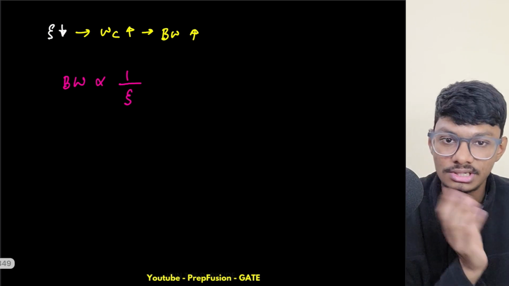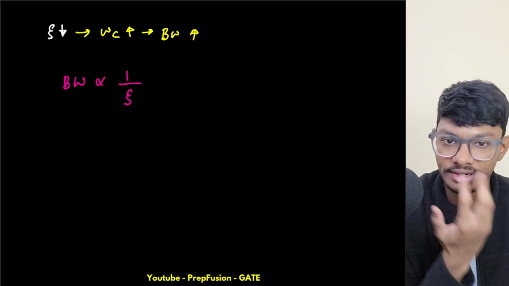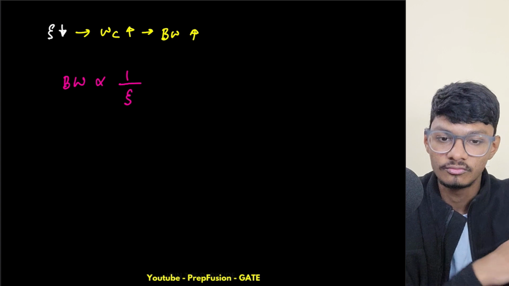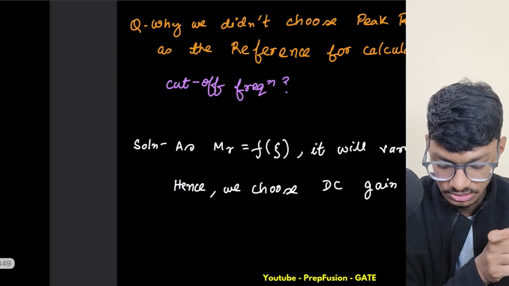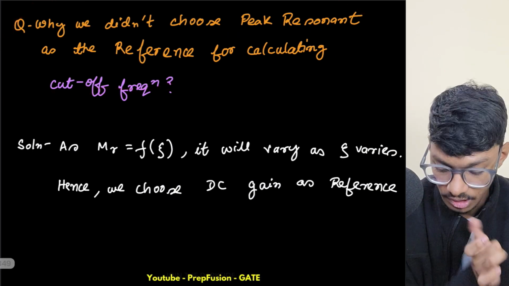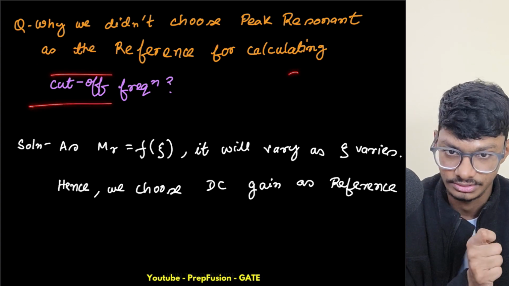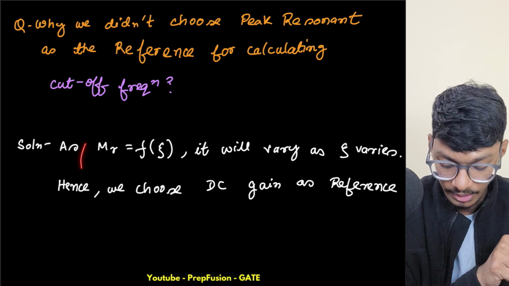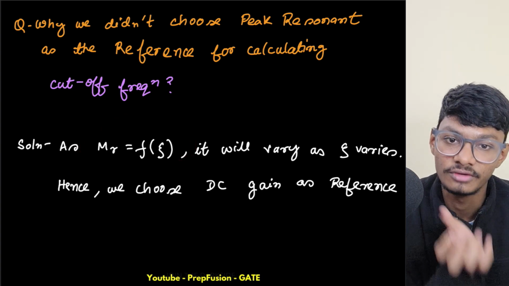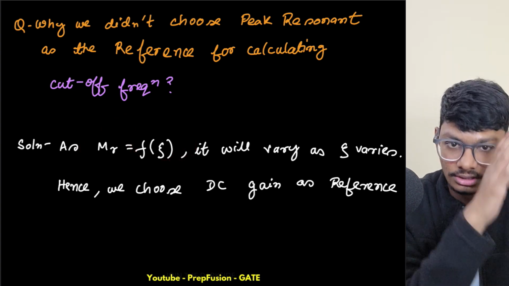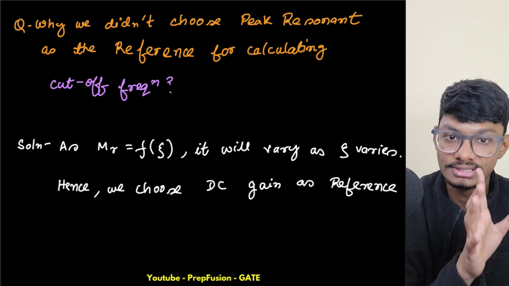So this depends on what the designer chooses. But why we chose the DC response here is because, like I've written down the question, why we didn't choose the peak resonance as the reference for calculating cutoff frequency: because my peak resonance is itself some function of zeta. It keeps on changing, but my DC gain doesn't change.